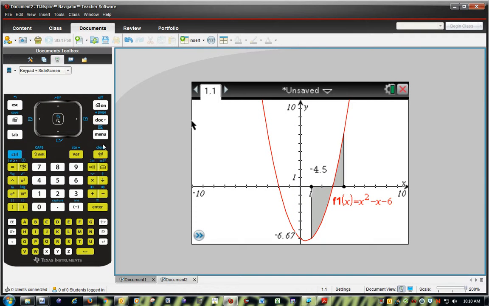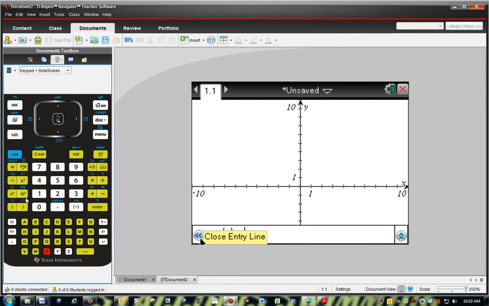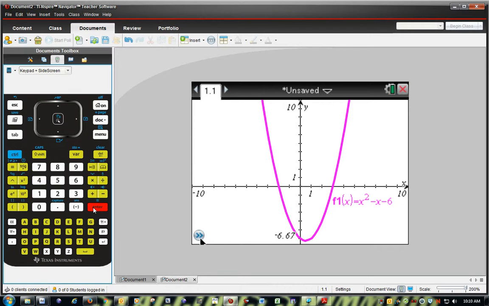Just to recap, let me do this again because I didn't do it on video. We're going to put in the function x squared minus x minus 6.